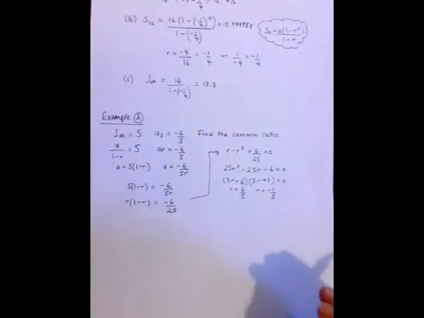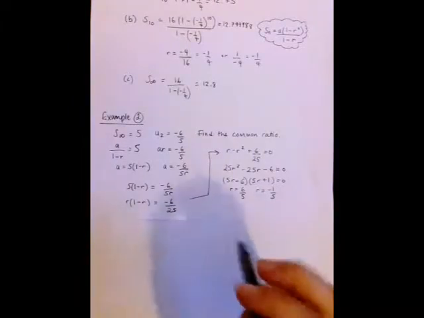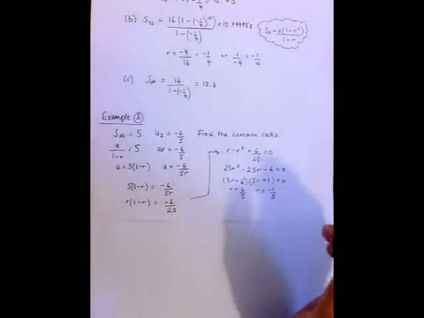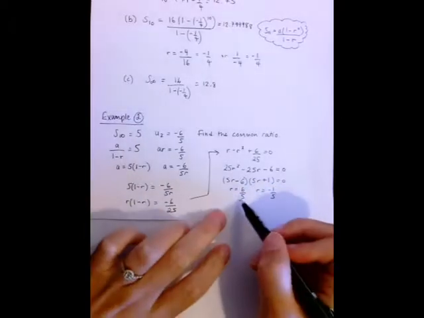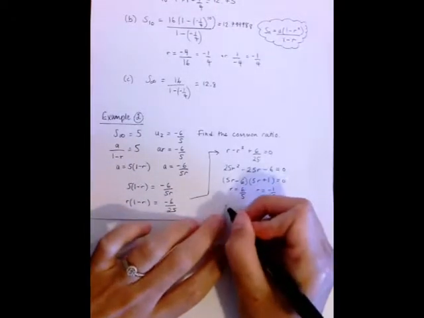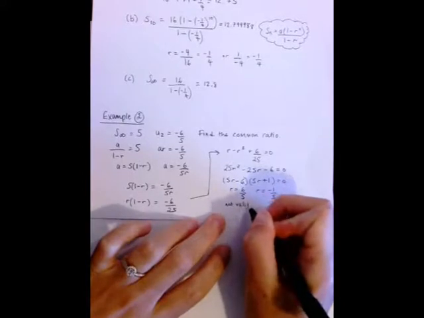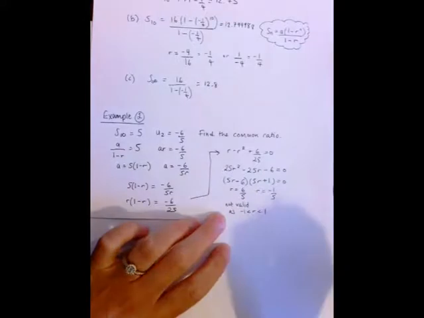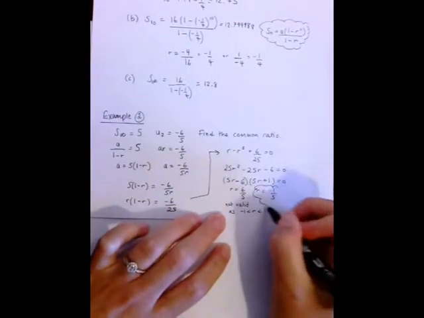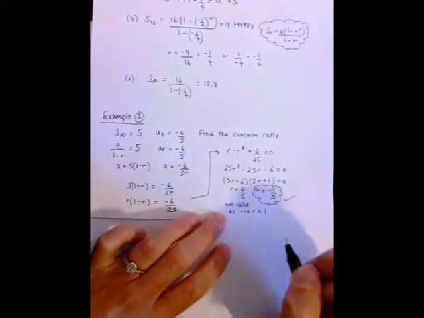Now you need to choose which one is valid, and because there was a sum to infinity, that means r has to be between -1 and 1. So this value is not valid, as r should be between -1 and 1. So this is the correct value.